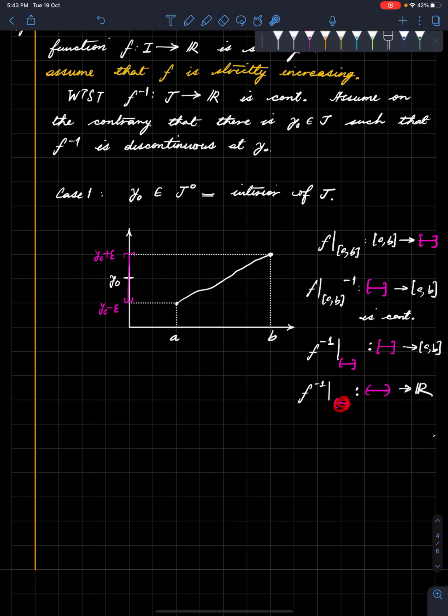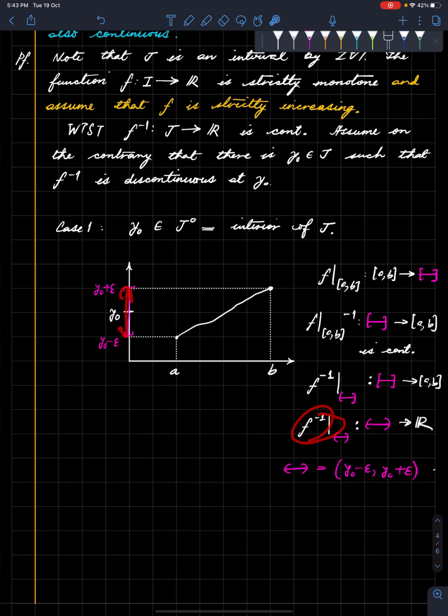So what is this? This is denoting this open interval. Let me write it so that there is no confusion. By this pink thing we mean (y0 minus epsilon, y0 plus epsilon). This is what that means. So this is continuous. So the restriction of f inverse to this open interval is continuous.